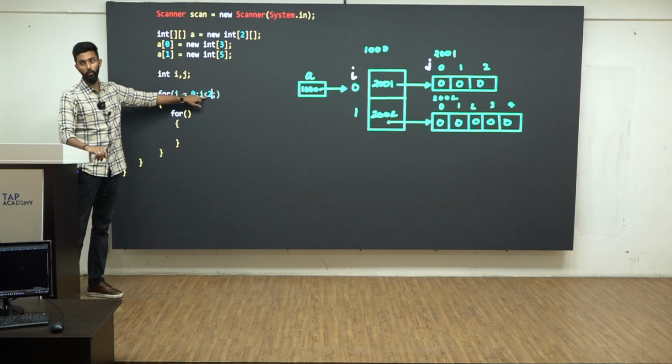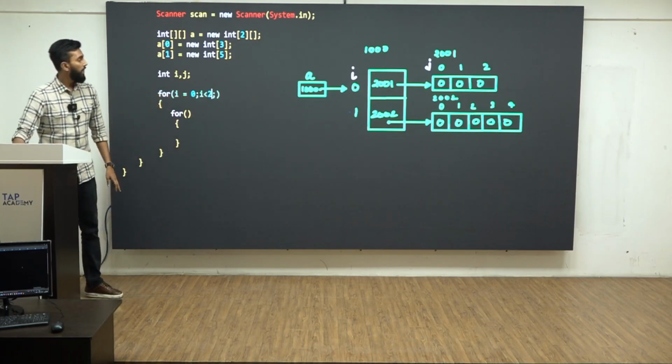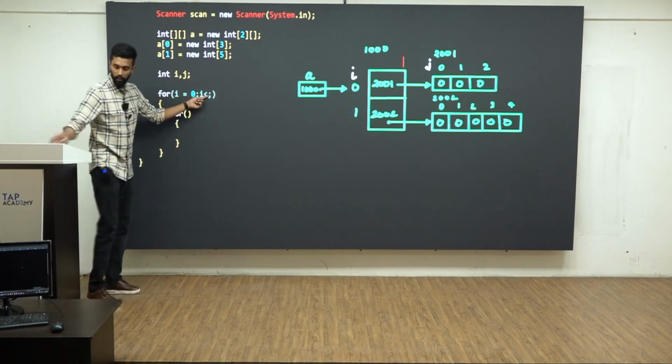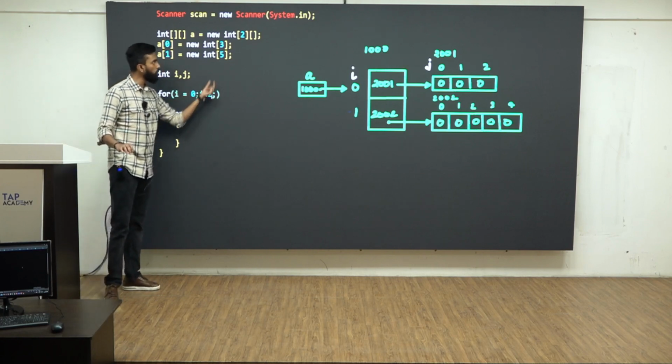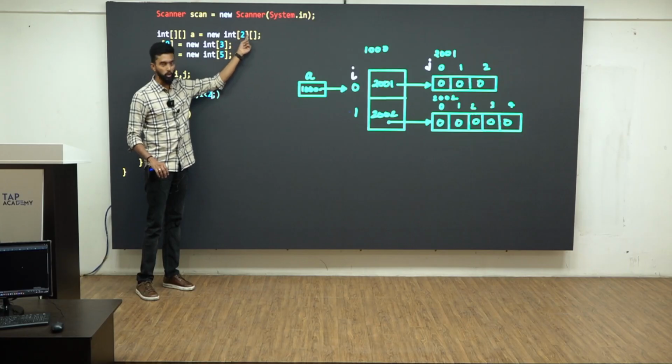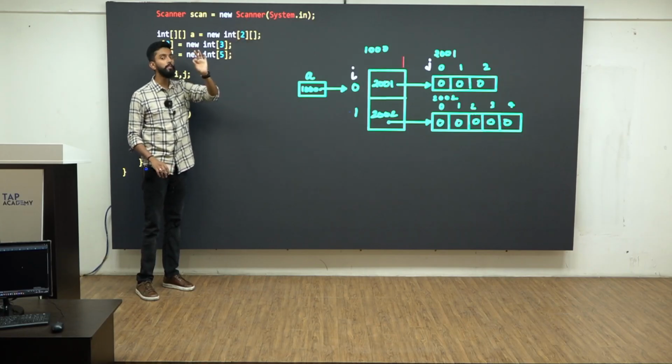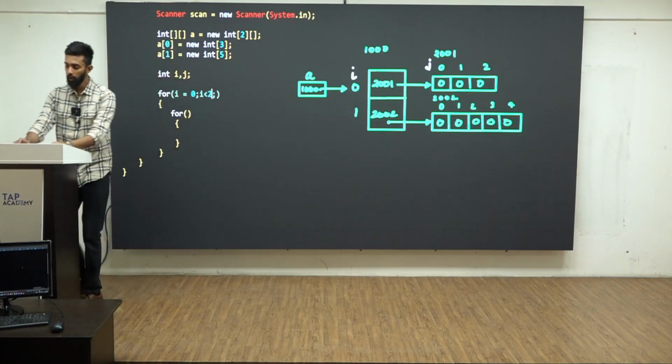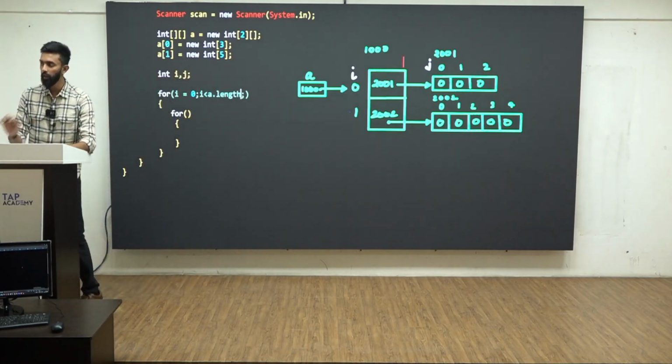In general you should write, what should you tell? Very good. In a two-dimensional array, this 2 is nothing but number of rows. How to get the number of rows? A dot length. Correct? So I will go here, remove this and replace it with A dot length.